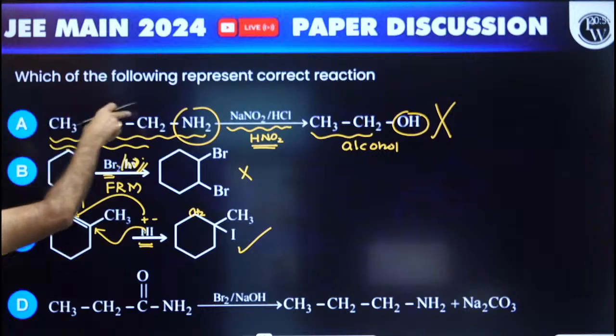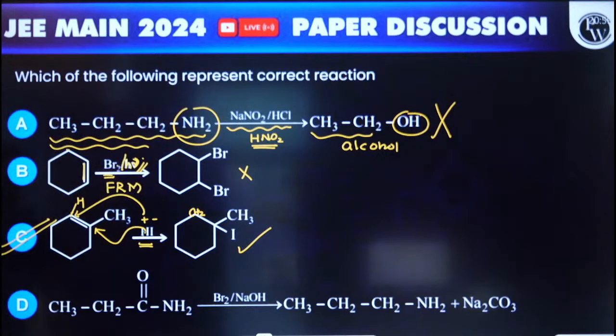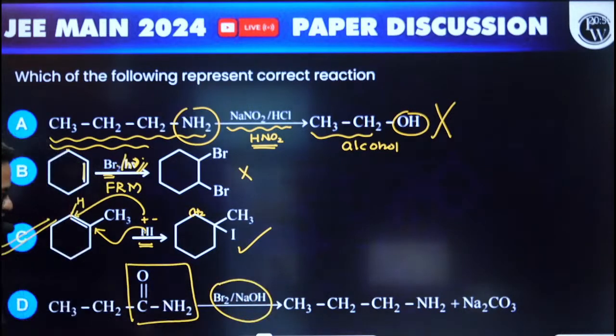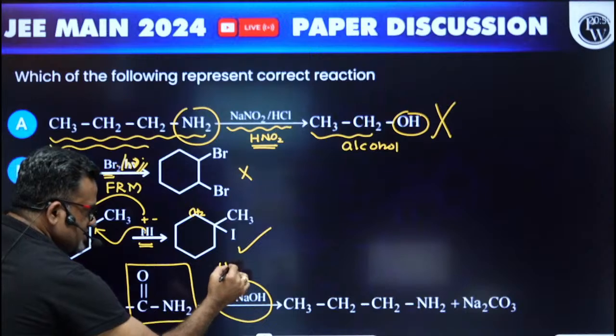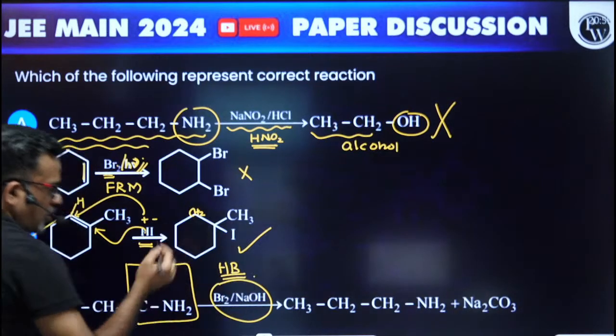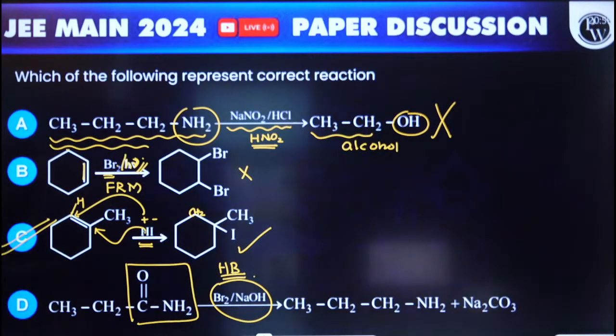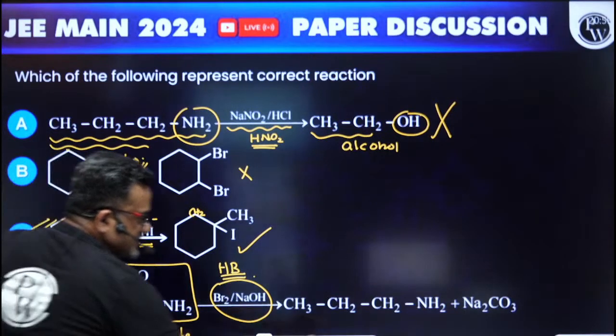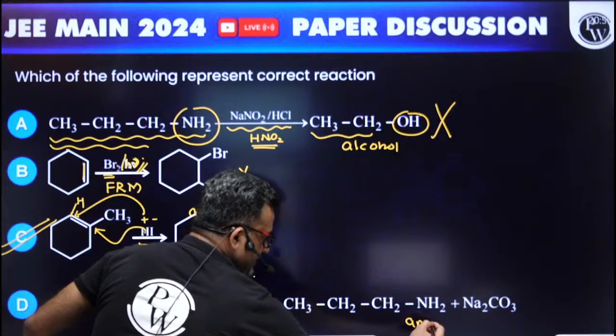Which of the following is representing the correct reaction? This one. What about this? I am having an amide with bromine in NaOH. What will it undergo? Hoffmann's bromamide reaction or Hoffmann's degradation reaction. Amide is converted to amine. Fantastic.